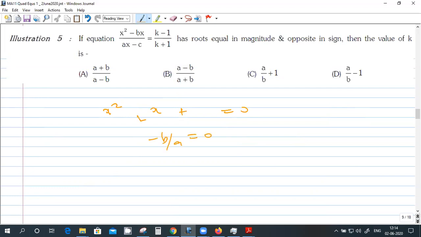So whatever is the coefficient of x, you have to put it equal to 0. Is that clear? Yes, sir. So b1 by a1, this is a1 x square plus b1 x plus c1. I have to put b1 equal to 0.